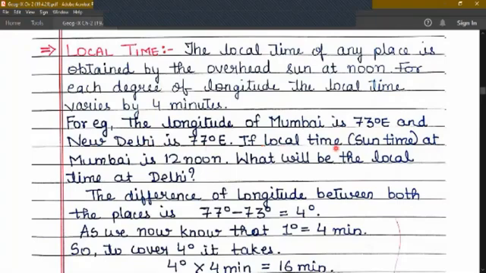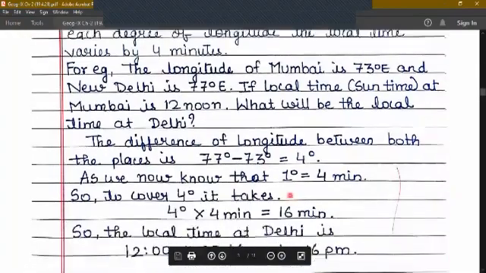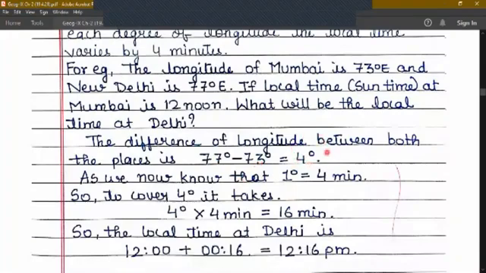So if local time, meaning the sun time at Mumbai, is 12 noon, what will be the local time at Delhi? The difference of longitudes between both places, Mumbai and New Delhi, is 77 degree minus 73 degree. It becomes 4 degrees. And we all know that 1 degree is covered in 4 minutes.